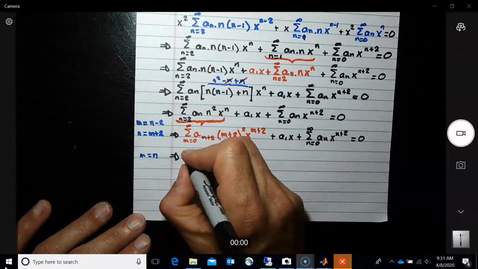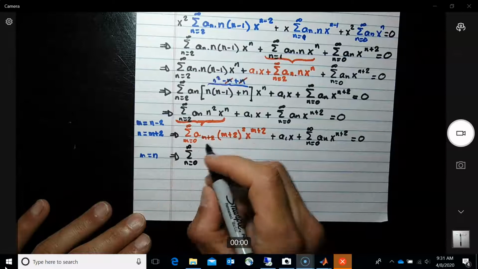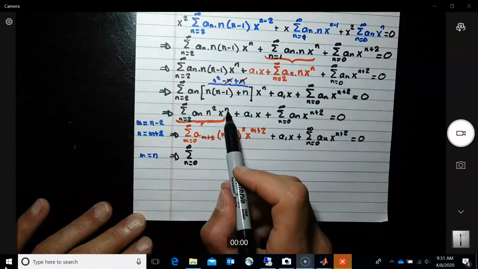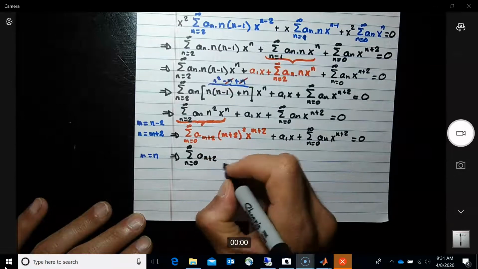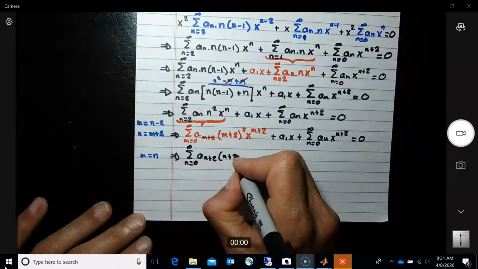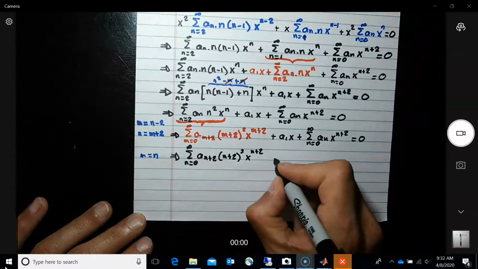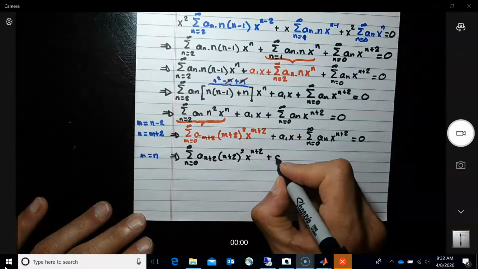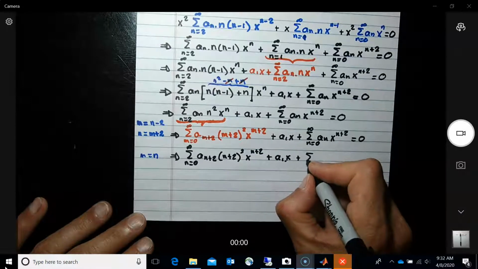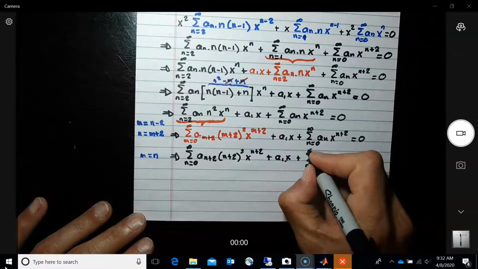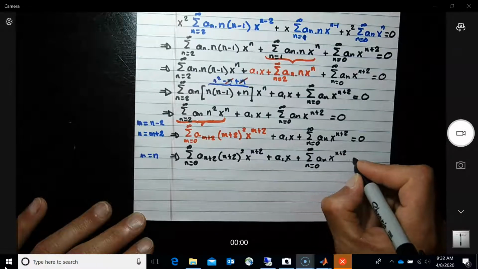So basically you have the same thing, n equal to 0 to infinity. You need to put a plus 2 over here, so that means this becomes a n plus 2 times n plus 2 squared x to the n plus 2 plus a1x plus summation n equal to 0 to infinity a sub n x to the n plus 2.